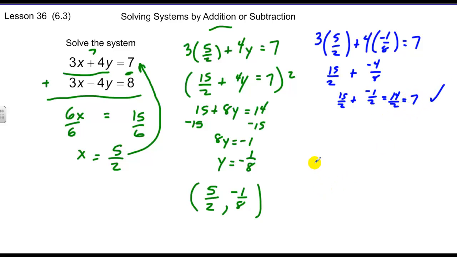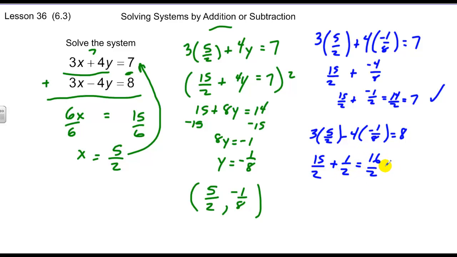So that checks. On the second equation, I've got 3 times 5 over 2 minus 4 times negative 1 over 8. That's supposed to equal 8. 15 over 2 minus times, or negative times a negative is a positive, and that's 4/8, so that's 1/2, which is 16 over 2, or 8. So that checks.